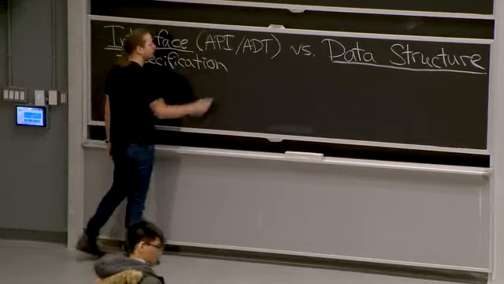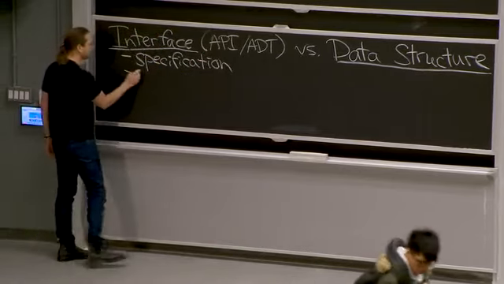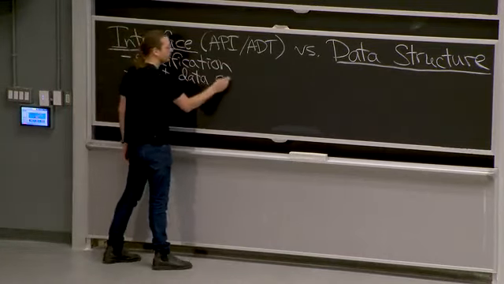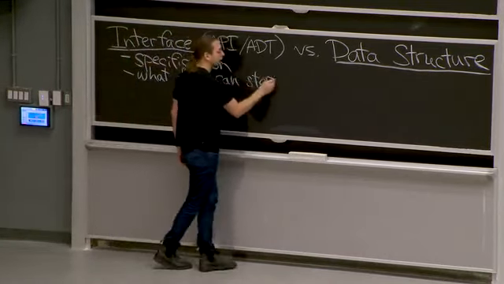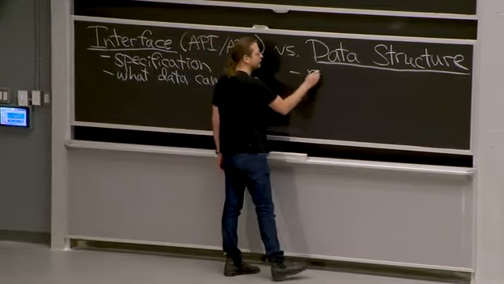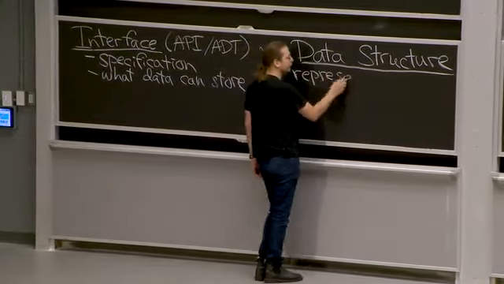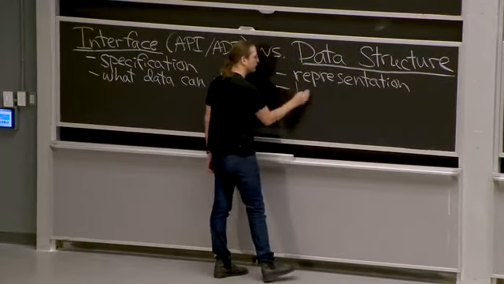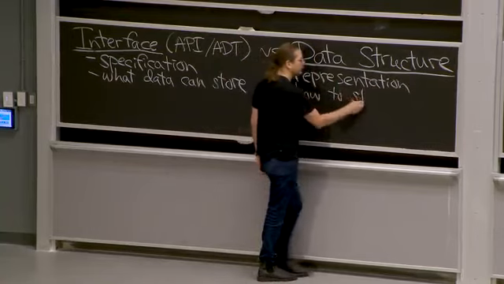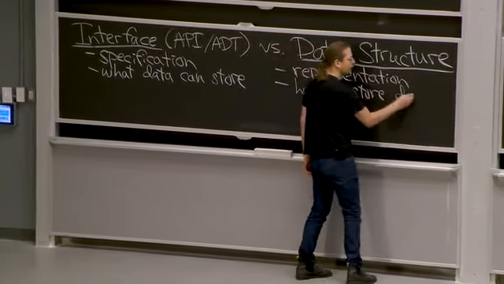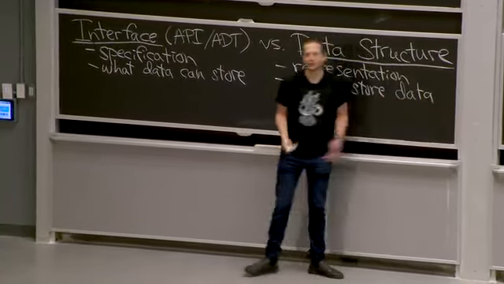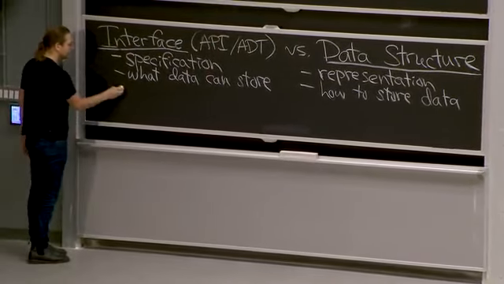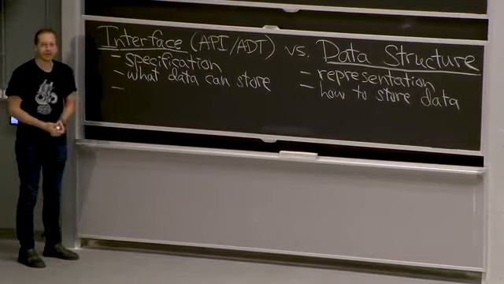And in the context of data structures, we're trying to store some data. So the interface will specify what data you can store. Whereas the data structure will give you an actual representation and tell you how to store it. This is pretty boring. Just storing data is really easy. You just throw it in a file or something. What makes it interesting is having operations on that data.